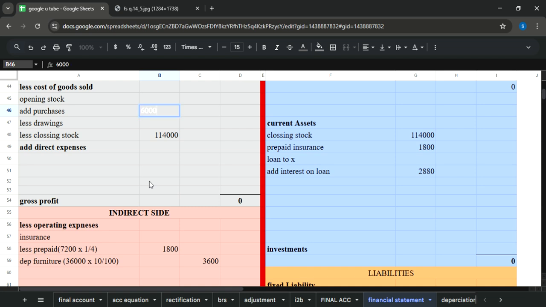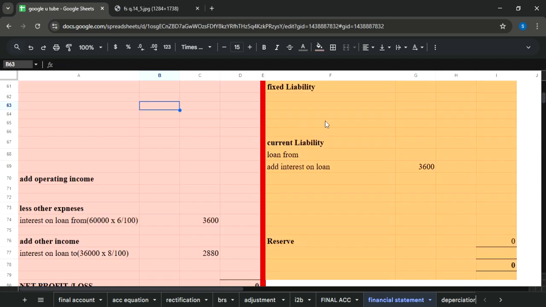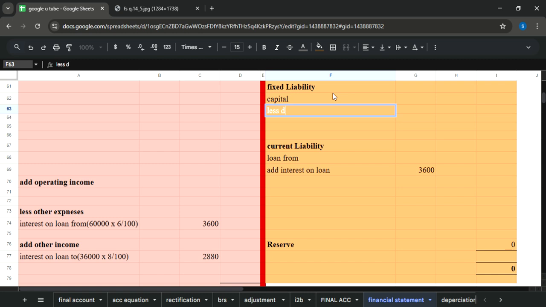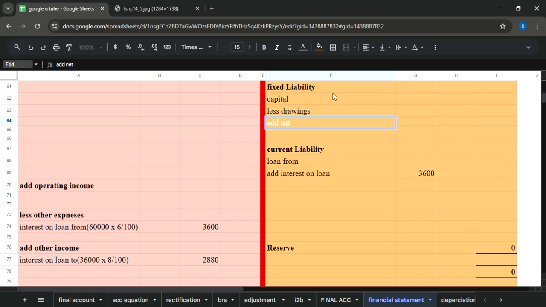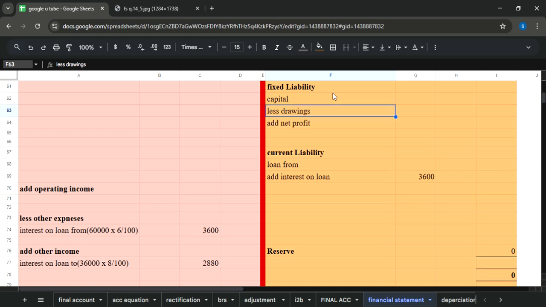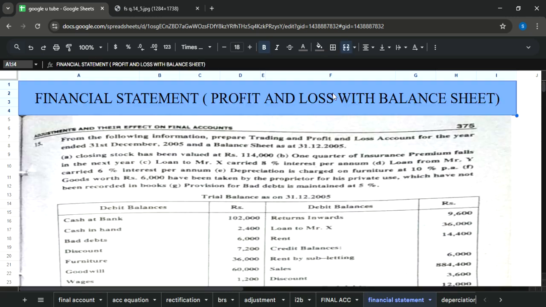First effect is completed. Now you will go to the liability side, and here in fixed liability first you will mention capital, then you will subtract drawings, then you will add your net profit. We will see later on. For the time being we are concerned with drawings, and the amount of drawing is 6,000. You will mention over here. Double effect completed. Okay guys, drawings has been completed. Now we will go to G entry, provision for bad debts.